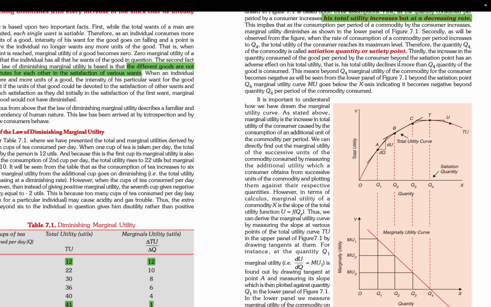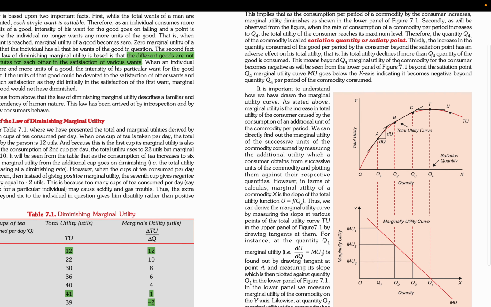Secondly, as will be observed from the figure, when the rate of consumption of a commodity per period increases to Q4, this point, the total utility of the consumer reaches its maximum level. This is the maximum. The tangent to this point is parallel to the x-axis, and then it is decreasing.